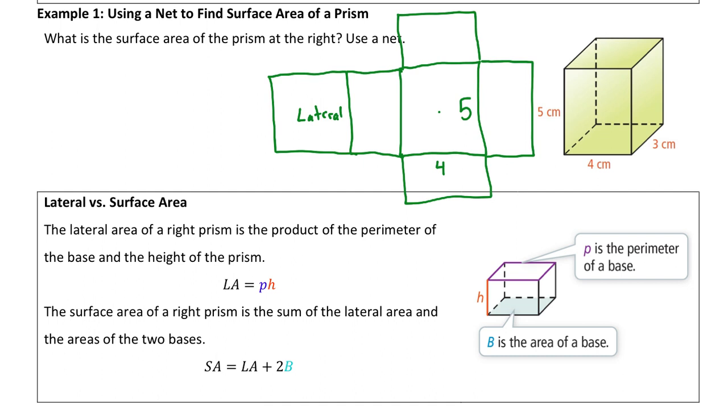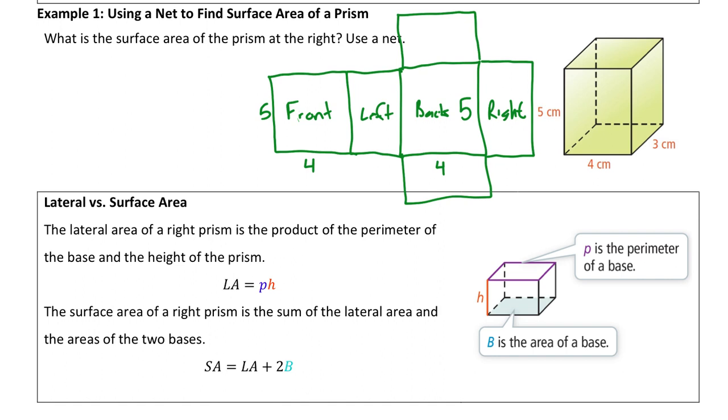So this one is 5 by 4. The other rectangle, and I'll erase this really quick to show. This represents the front. This represents the back. This represents the left. This represents the right. The top one represents the top. The bottom one represents the bottom.